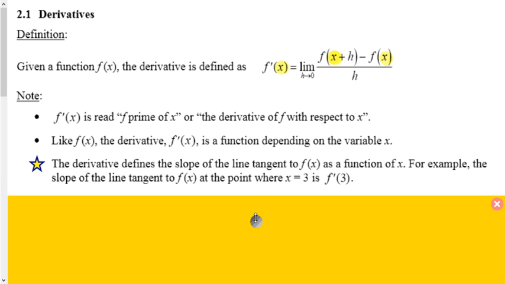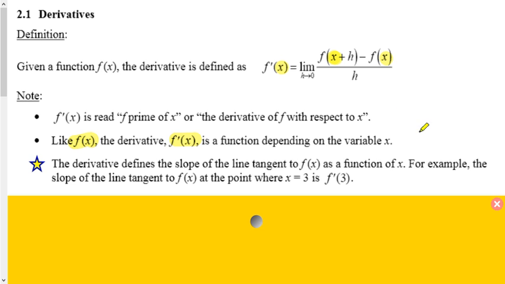The derivative defines the slope of the line that's tangent to the function. So it defines the slope as a function of x. So f prime of x is a function that tells me the slope of this function for any x value that we choose.